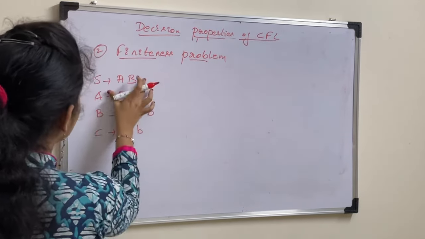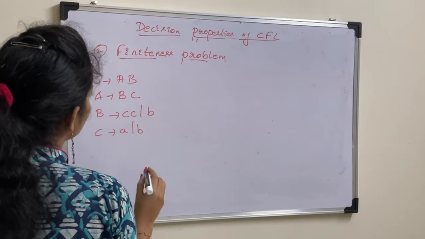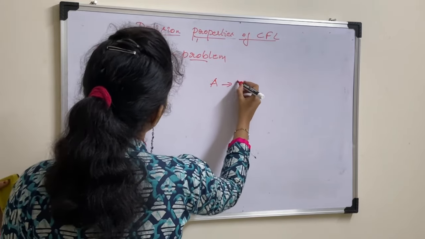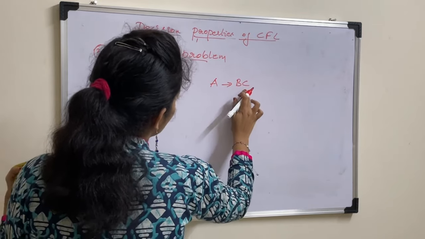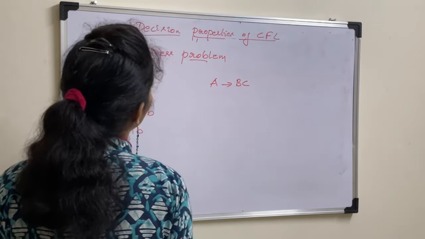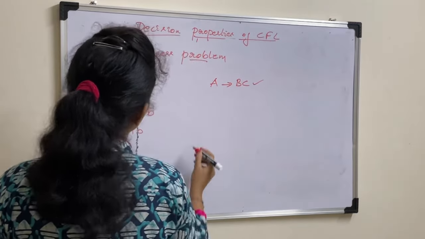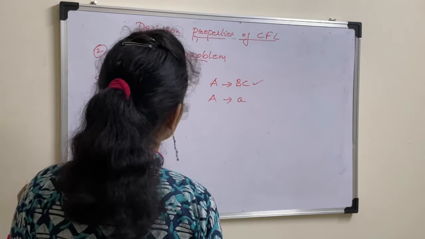Check if this given grammar follows the rules of CNF or not. What are the rules of CNF? Any non-terminal can produce at most two non-terminals on the RHS, so you cannot have more than 2. This is one rule. And a non-terminal can produce a terminal symbol.